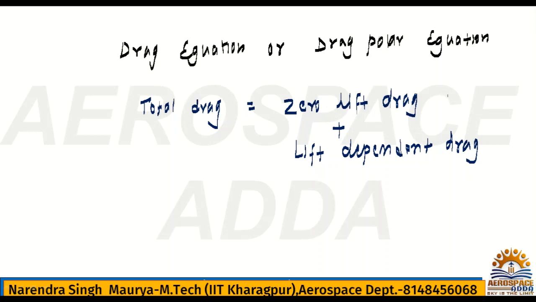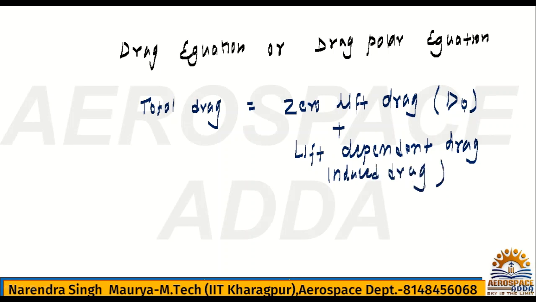Zero lift drag is denoted by D naught, where naught means zero lift. Lift dependent drag is also called induced drag, denoted by Di. Total drag is D. So what you got? Total drag is D naught plus Di.